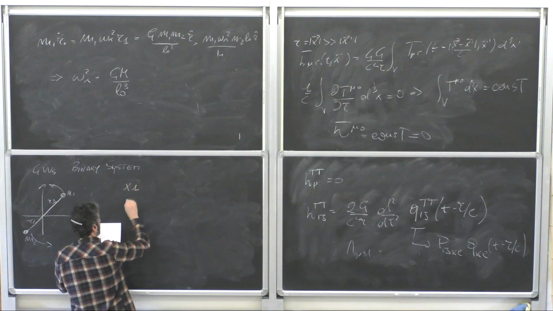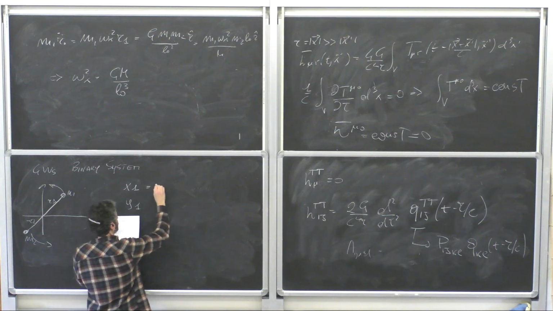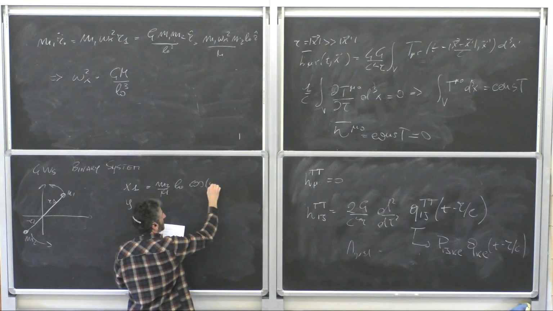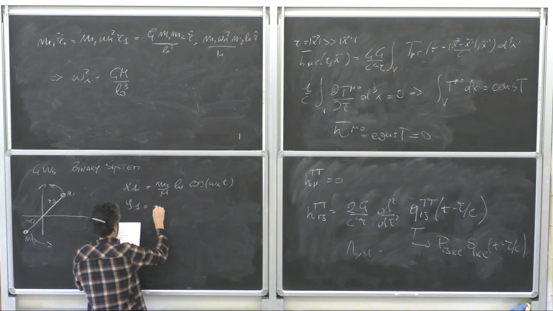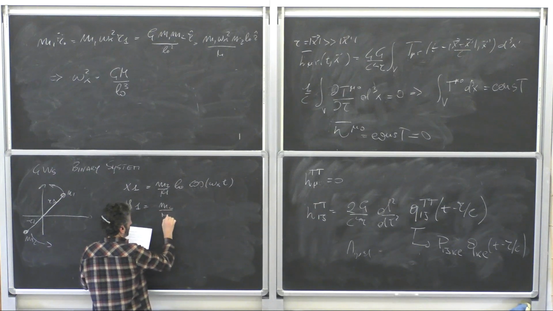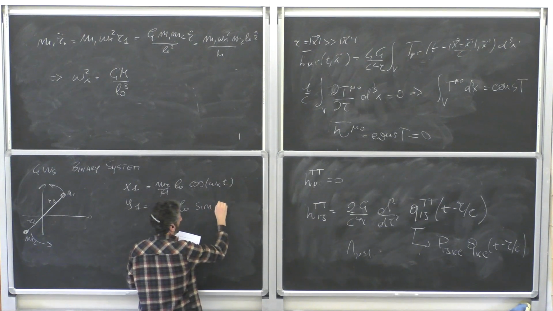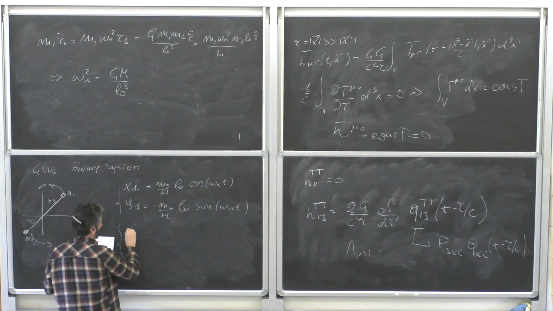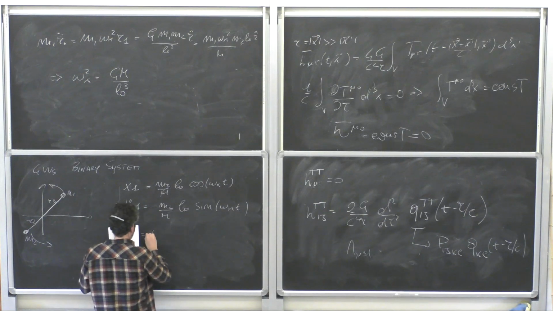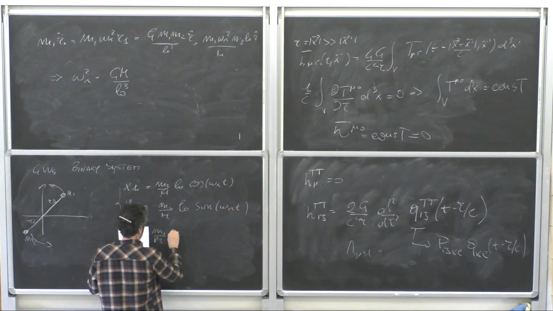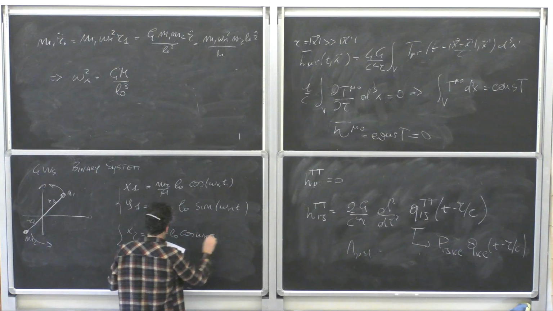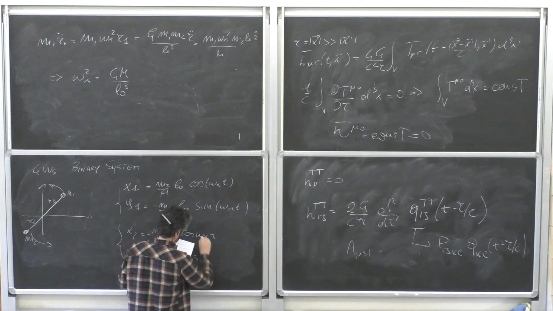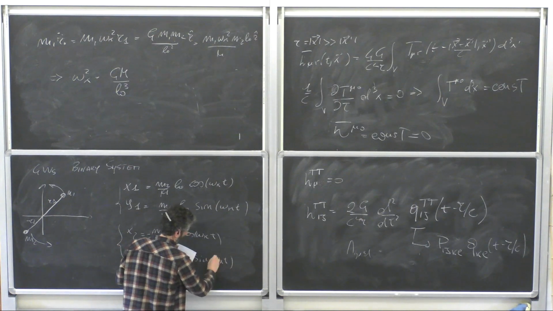So I'll have x1 and y1, and this will be divided by m, cos omega k t, and then I can write the same for x2, y2: minus m1 over M L0 cos omega k t, minus m1 over M L0 sin omega k t.